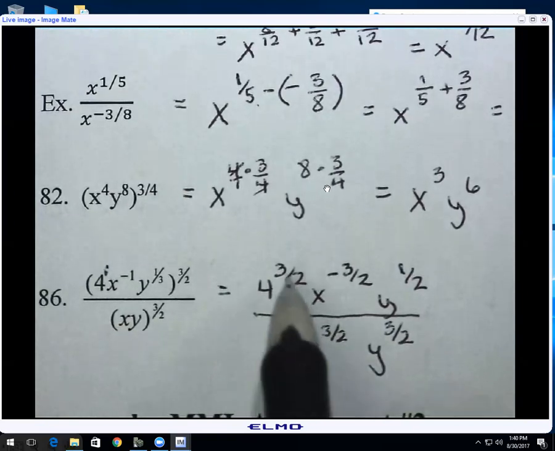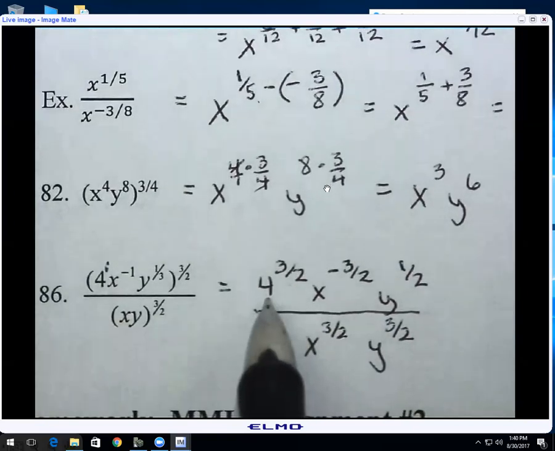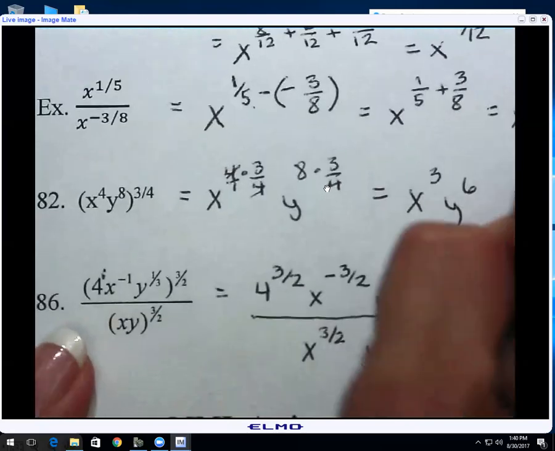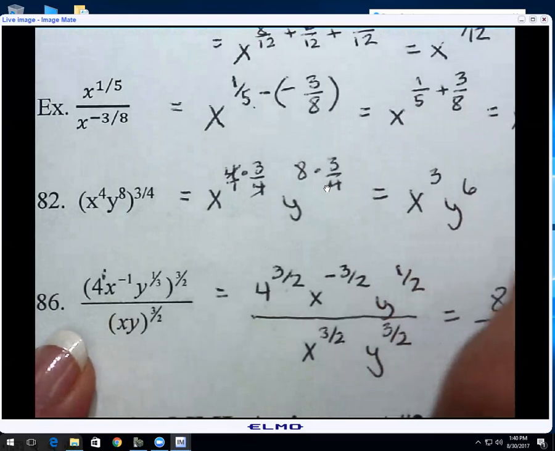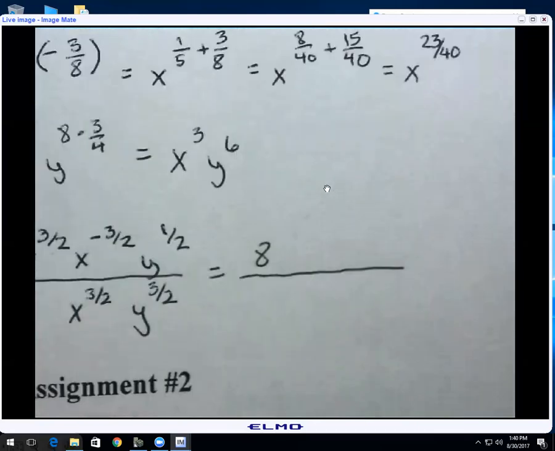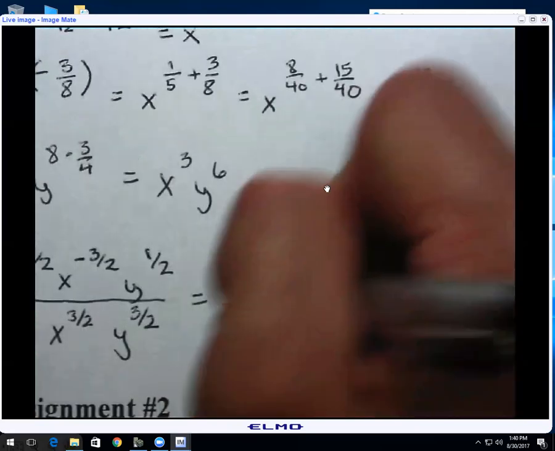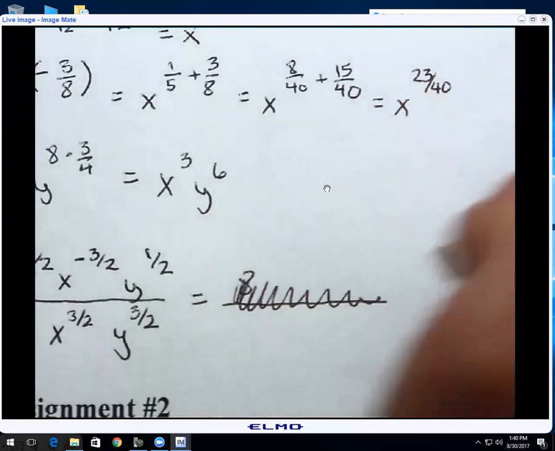I would go ahead and think of that as square root of 4 is 2, and then 2 cubed is 8. I meant not to make that division sign so long. Just play like I wrote 8.